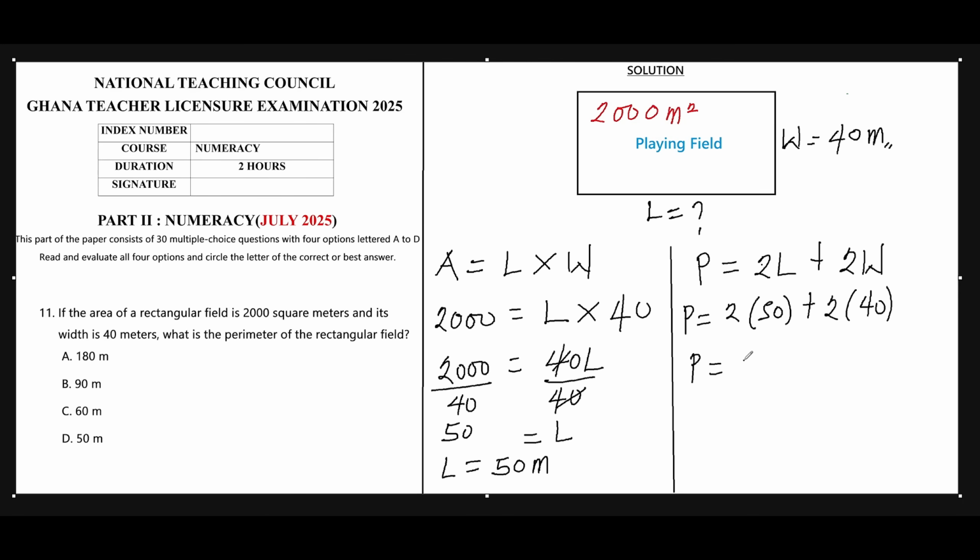So twice of 50, that is 100. Twice of 40, we have 80. And then 100 plus 80, that gives 180 meters. So that is the perimeter of the field. So we select option A.